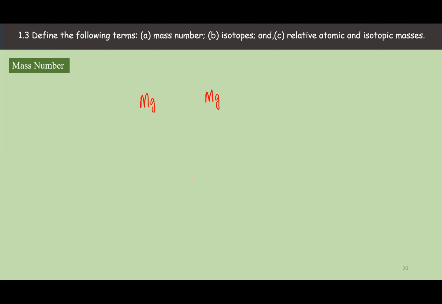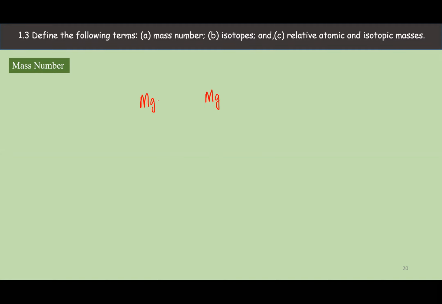But you have to be able to relate what you learned to the specific scenario that is given. We're talking about two magnesium atoms, the same element. And once the elements are the same, then this magnesium atom must have the same number of protons as this magnesium atom.